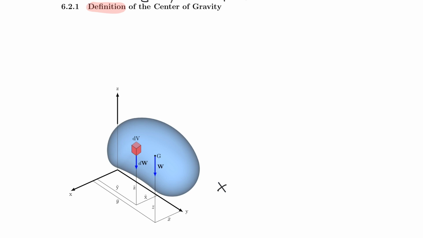So x bar times W is equal to the sum of, and the sum again is infinite, x tilde dW. I say that again because that's difficult to digest sometimes for a beginner.